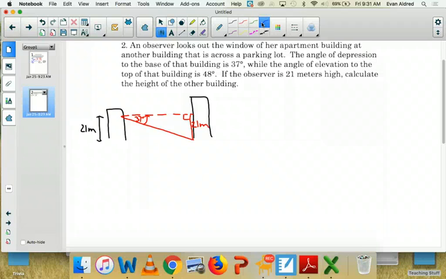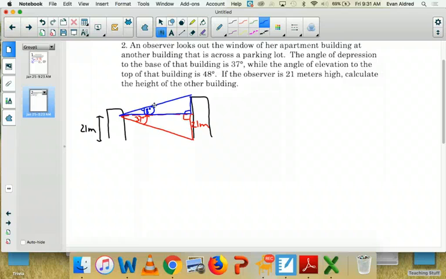Now, let's look at the angle of elevation. Well, the angle of elevation to the top of that same building across the parking lot is 48 degrees. So we know that we can then put a blue triangle that would look like this. But the only thing we know about the blue triangle is that the angle of elevation is 48 degrees.